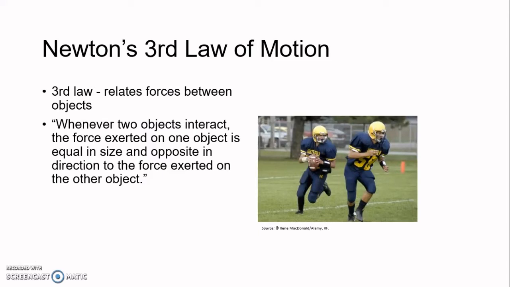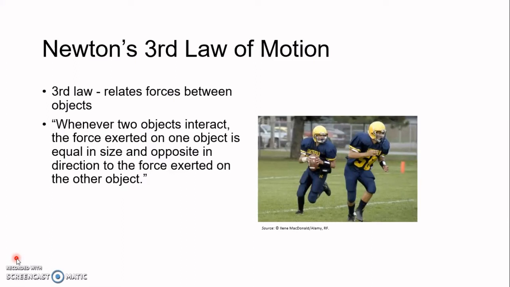So let's consider a simple example of, say, a game of football. You have an offensive lineman who is protecting the quarterback from the defensive tackles. Okay, so the quarterback says hike, and all of a sudden these two people from opposite teams push against each other, and they end up in a standstill.